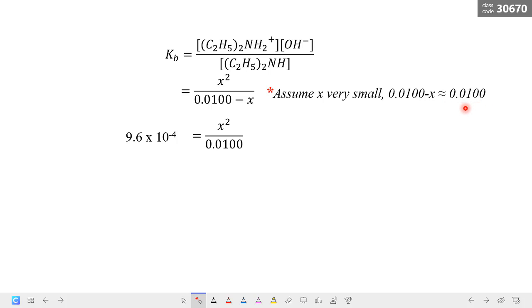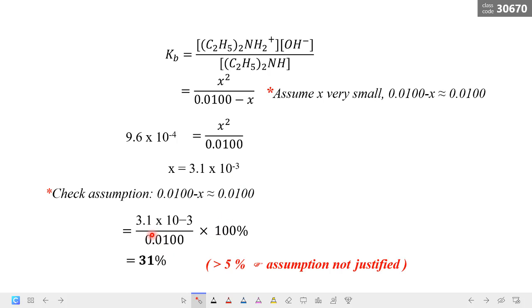So, X yang mana kita nak abaikan ni? Yang kat bawah ni. Sebab kita nak memudahkan pengiraan kita. Jadi, selesaikan untuk X. Okay, so you will get X value 3.1 times 10 to the power of negative 3. Dapat nilai X, check assumption terlebih dahulu. Okay, so dalam kes ini, macam mana nak check assumption?